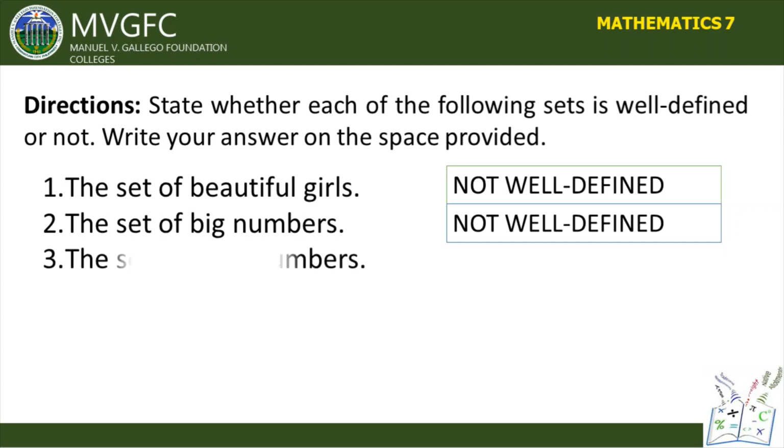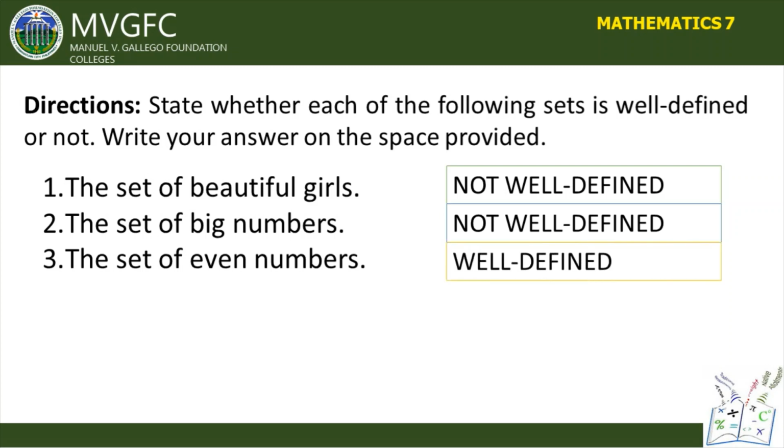How about number 3? The set of even numbers. The set of even numbers is a well-defined set because we know what are those even numbers. We can count it as 2, 4, 6, 8, 10, and so on and so forth because we know what are those even numbers. That's why that is a well-defined set.